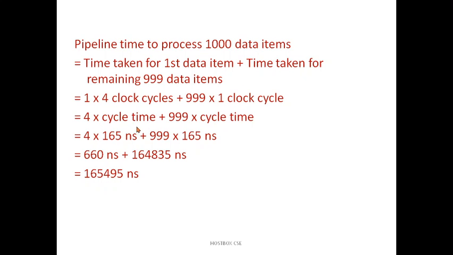So 4 multiplied by cycle time plus 999 multiplied by cycle time. Taking the maximum pipeline delay of 165, I write 4 into 165 nanoseconds plus 999 into 165 nanoseconds.